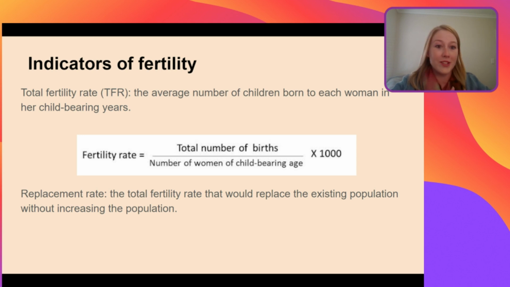Okay, this is where it starts to get a little bit interesting when we look at the replacement rate. So the replacement rate is the average fertility rate that we need for a population to maintain itself. So it doesn't increase or decrease, it just stays the same. Now, that replacement rate is 2.1. That means that every woman in her lifetime would need to have 2.1 kids.